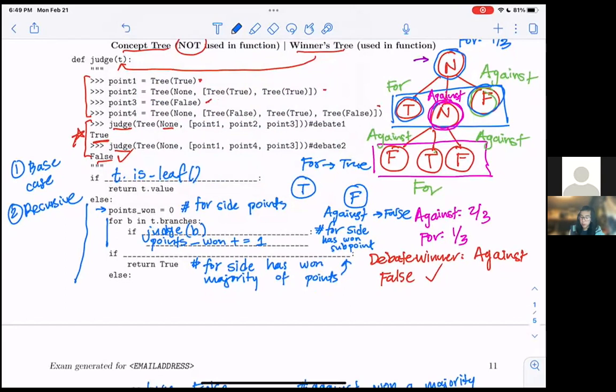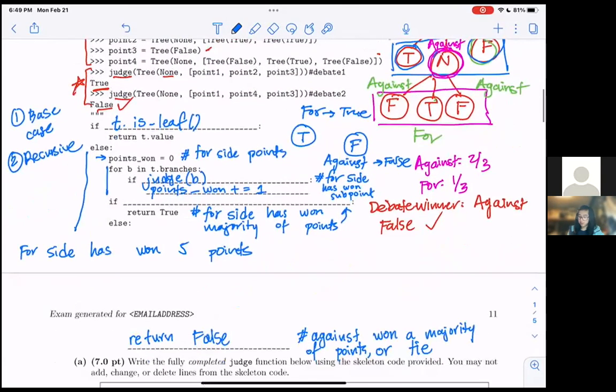So once this for loop has finished executing, we know that points1 will contain the number of points that the for side has won. But how do we know whether that number of points, like let's say the for side has won 5 points, is the majority of the points?